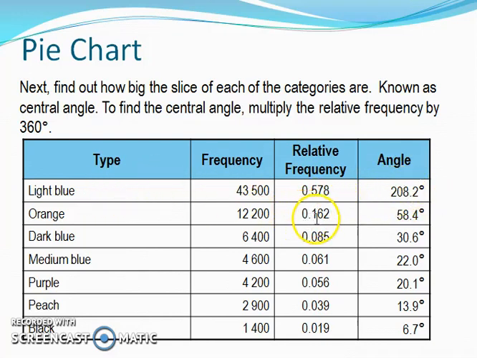Similarly, 0.162 times 360 will mean that 58.4 degrees belongs to orange. And we do that for all of our different categories. And so now we know how big the slices of the pie are for each of these categories.